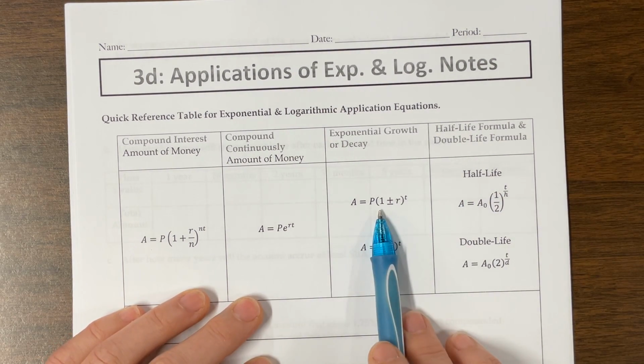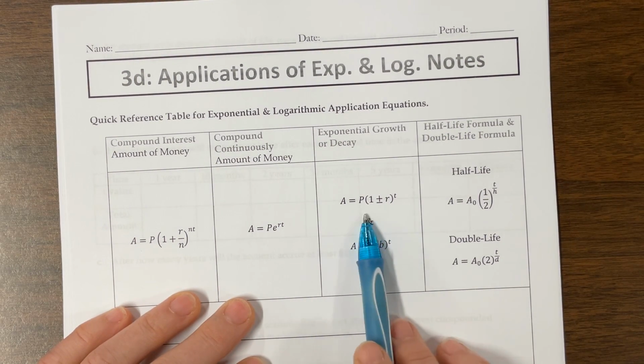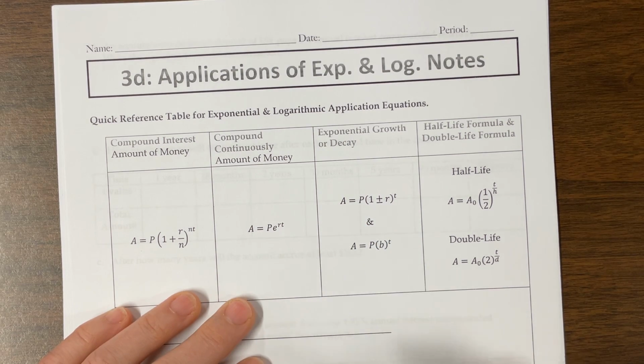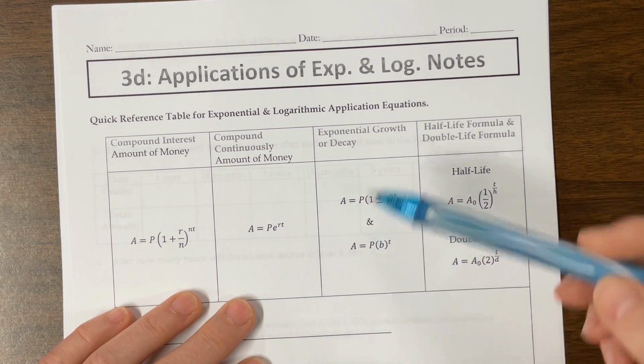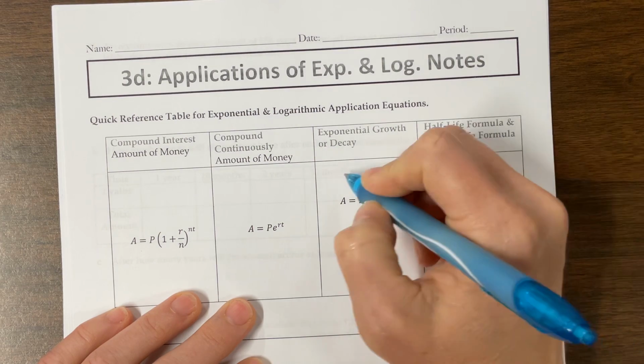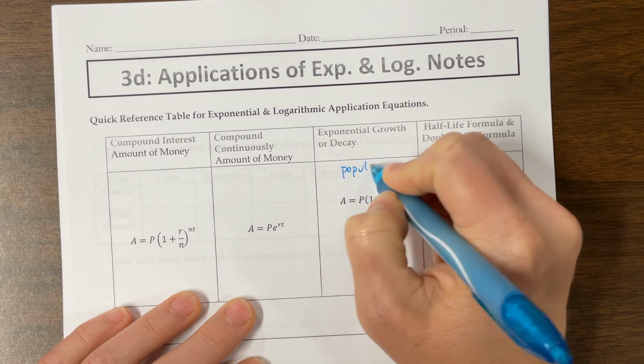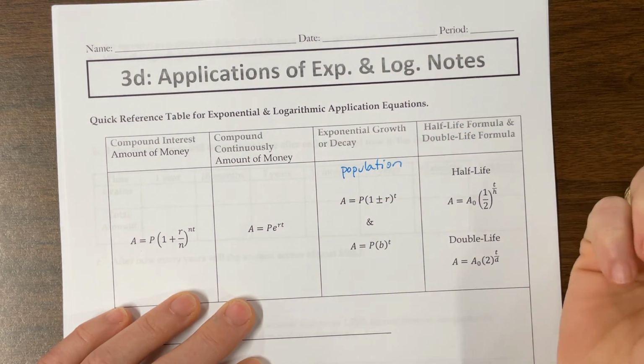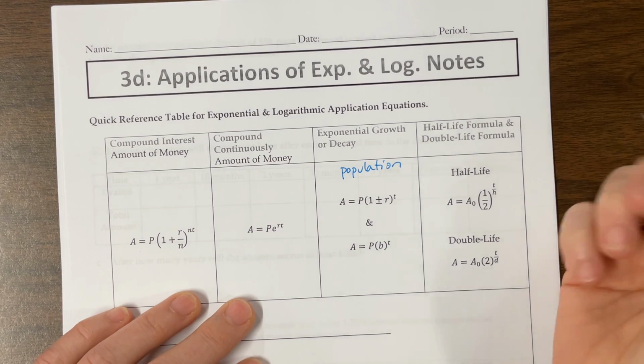Then we also look at exponential growth or decay, where we may say the population grows at a certain percent. So this might be population, or the number of bacteria or something like that.